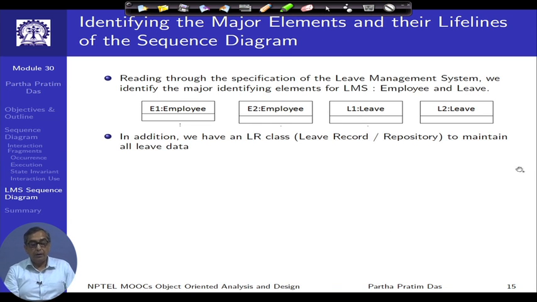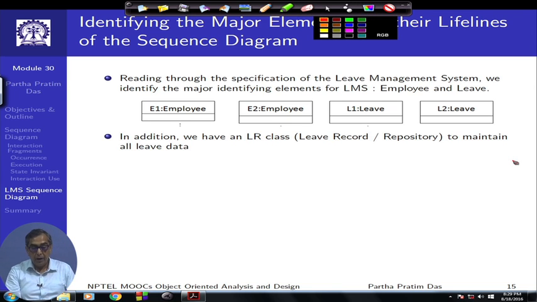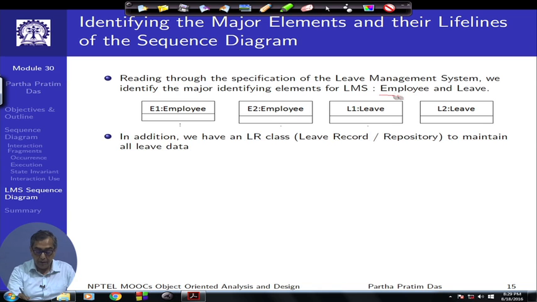Now, let us move on to using these in terms of our LMS example, the LMS exercise. As we have seen repeatedly, there are two major named elements, entities, in the LMS, the employee and the leave.